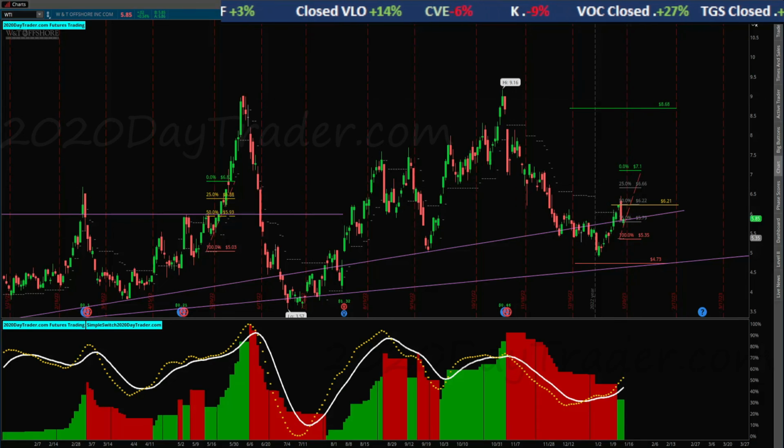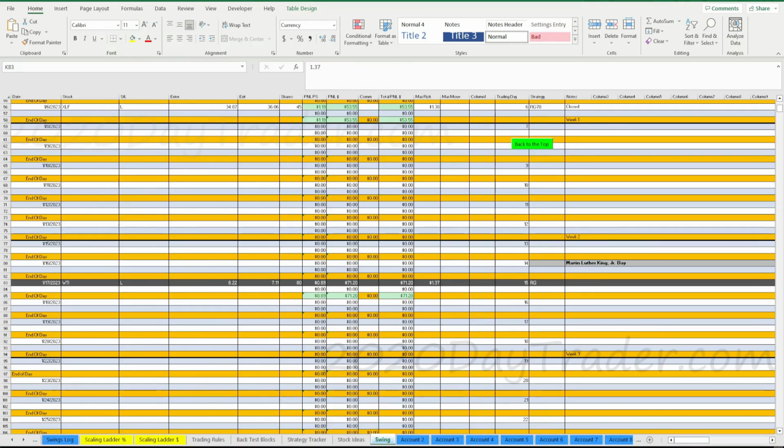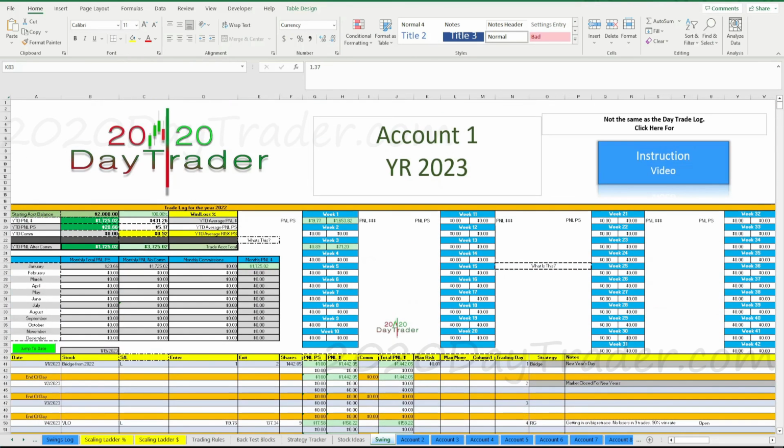All right, so now let's go look at the numbers over there in the My Strategy Manager for swing trading. So here we are for swing trading. Again, we started this account with $2,000. We're at $3,725. This one, we took our first trade in October. So far, we're making more money swing trading than we are in the futures market. But the futures market is going to start to grow faster here shortly, and then it'll overtake what we're doing here.